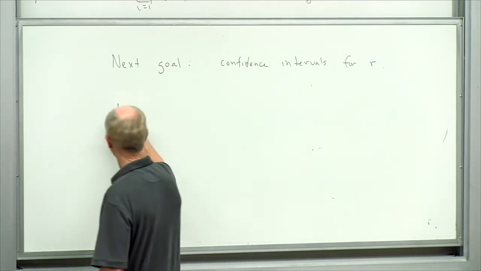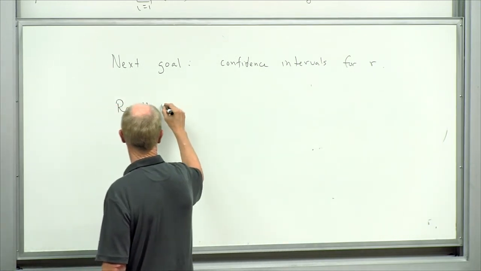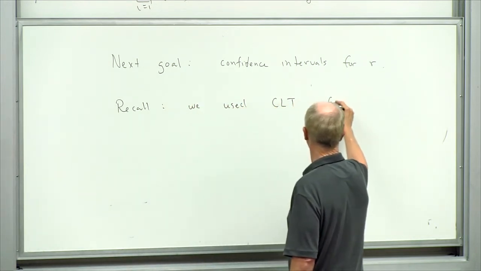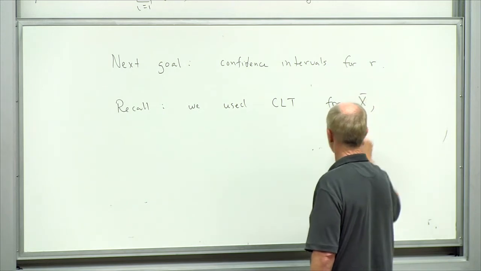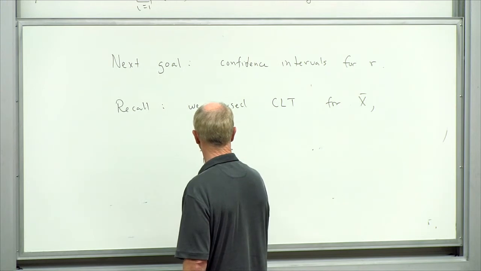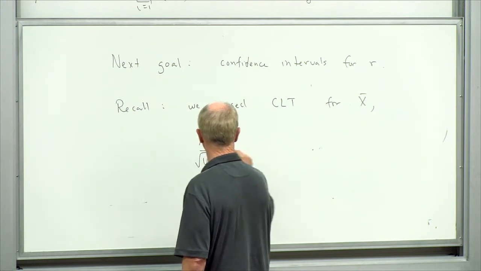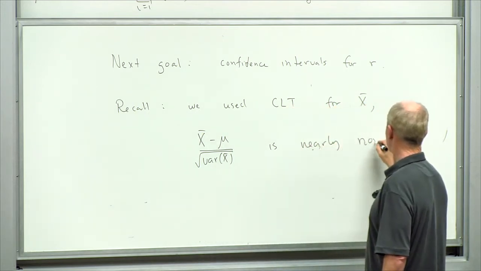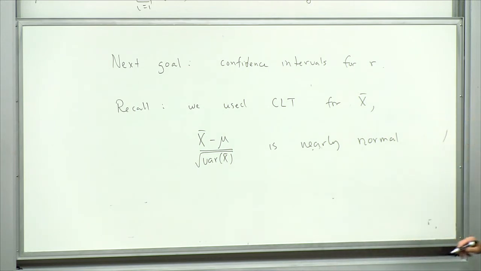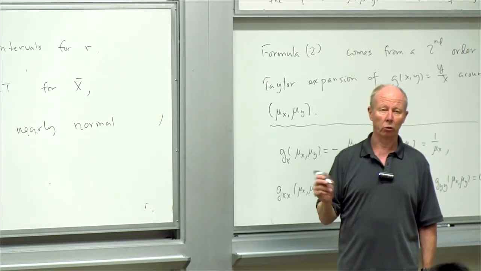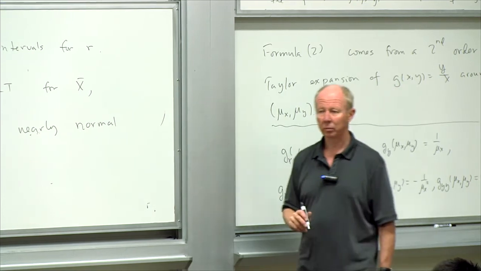We used the fact that x bar minus mu over square root variance of x bar is nearly normal when the sample size is large enough and not too close to the population size.